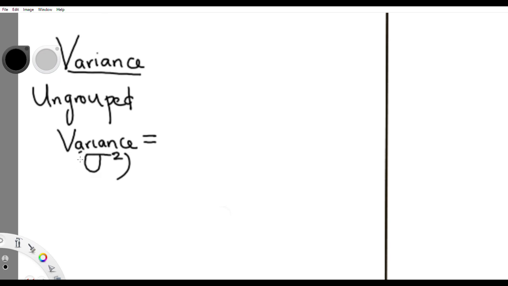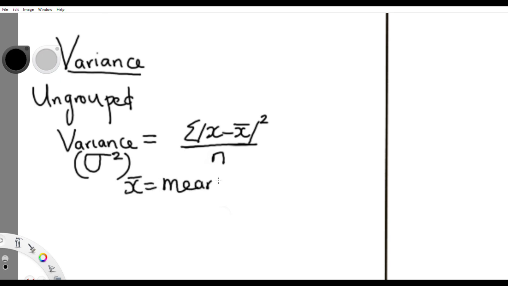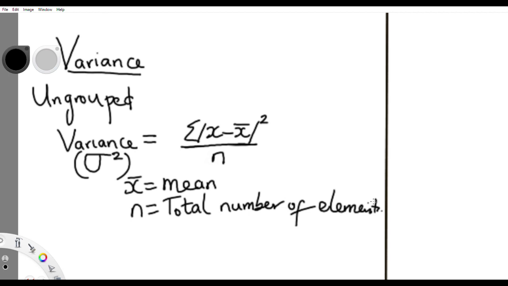Variance equals, that's for ungrouped data, summation of x minus x bar squared all over n, where x bar is the mean, and n is the total number of elements in the distribution.